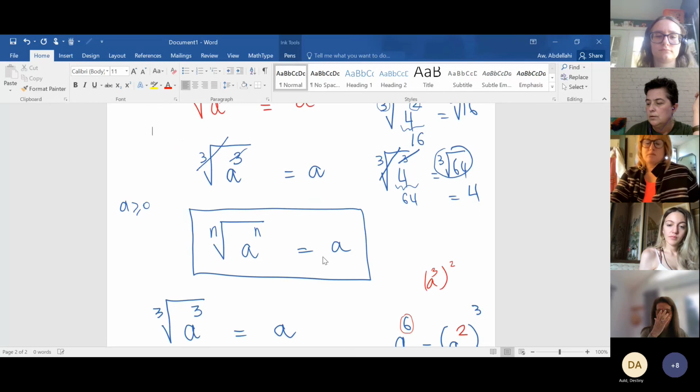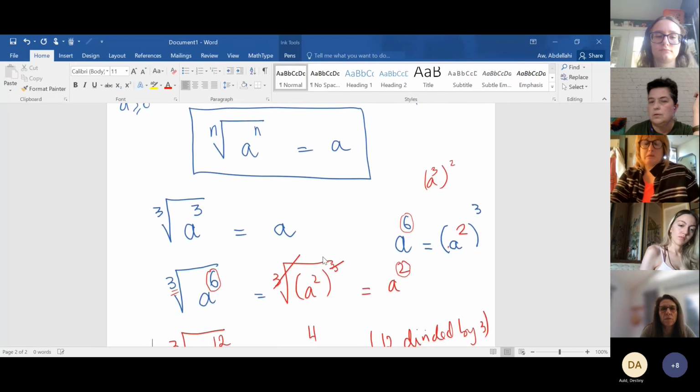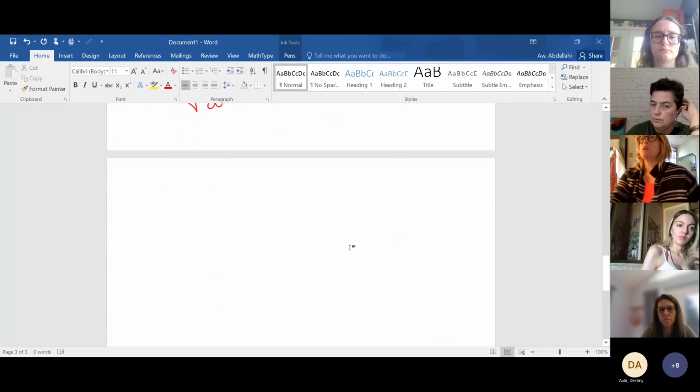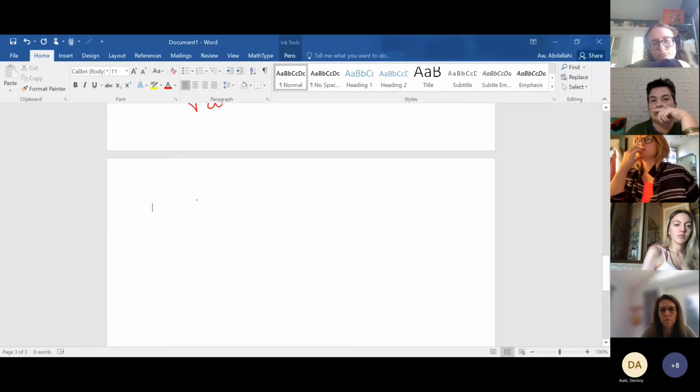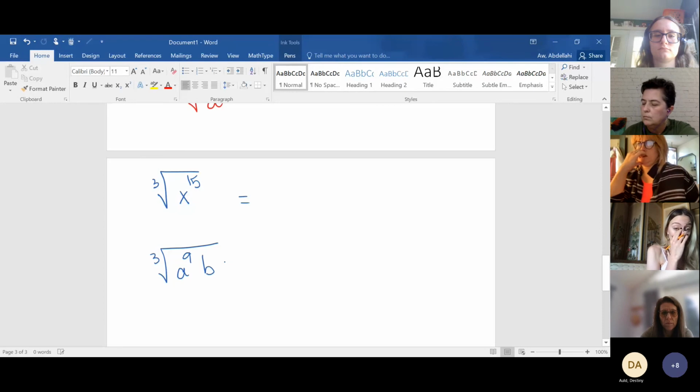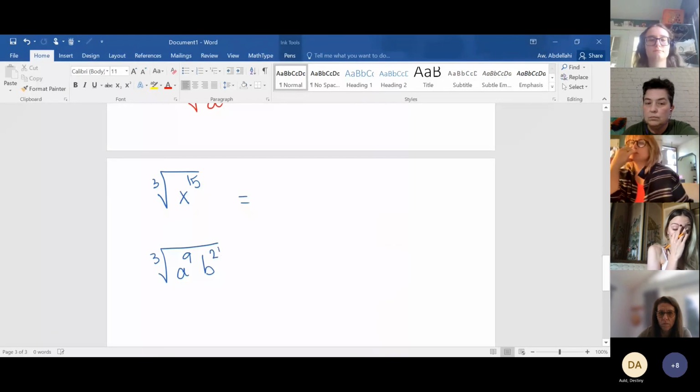So let me put you this. All these numbers are actually the good numbers. What is cube root of x to the 15th? What is cube root of a to the 9, b to the 24?